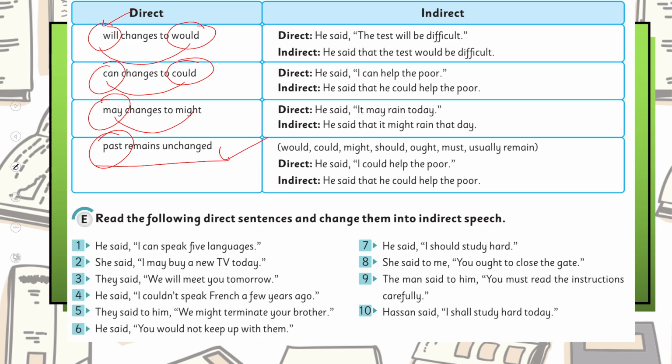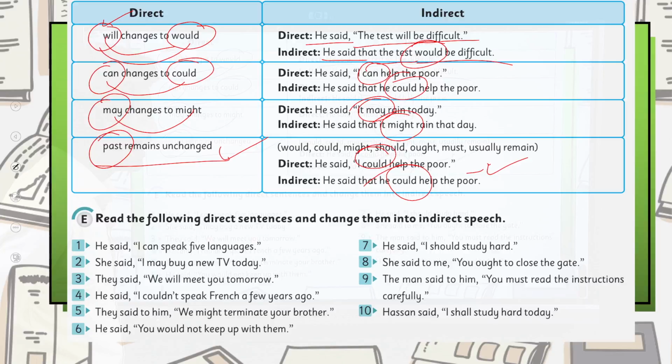For example, for the first one, he said the test will be difficult. He said that the test would be difficult. We will change will into would. Can will be changed into could, may will be changed into might, and could will not be changed. It is as it is. It remains exactly the same.